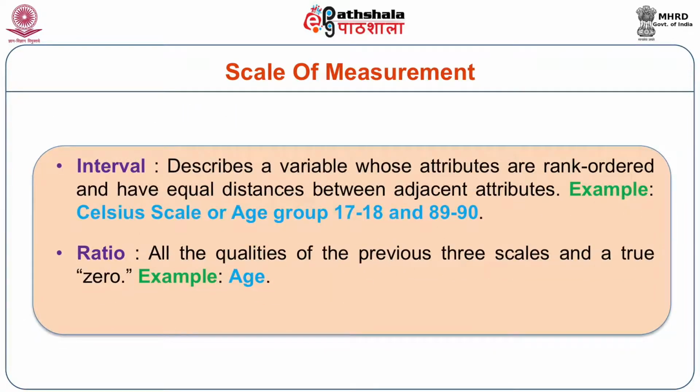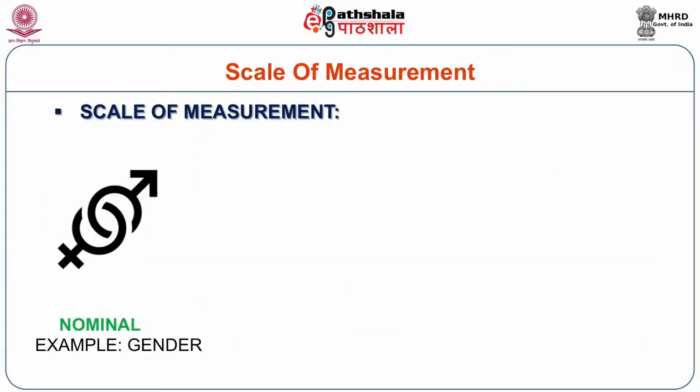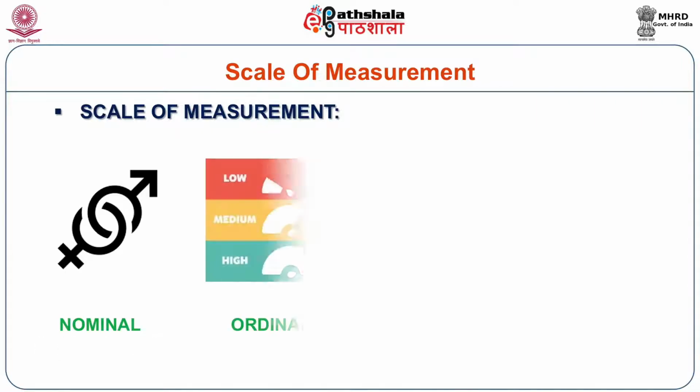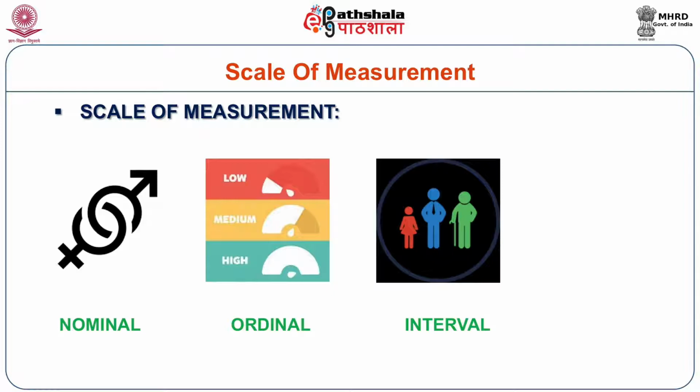And there is interval scale, when the rank-based ordering takes shape in a group of frequencies. For example, gender, religion, all these things are attributes of certain group of people. These are nominal scales. Ordinal scales having a kind of order, say high or low. Interval scales have their interfaces in a specific attribute.